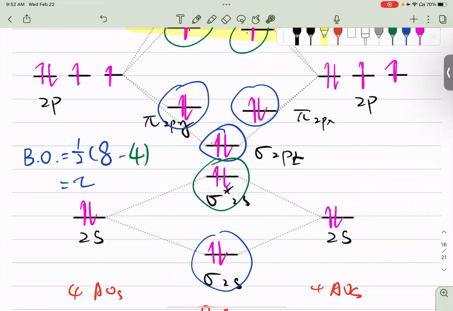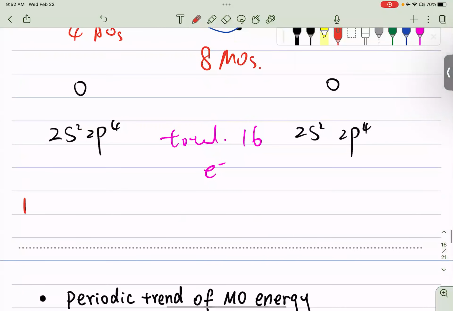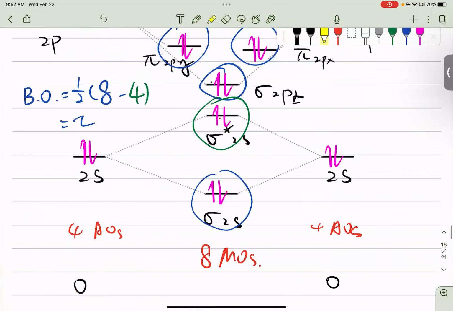The bond order is: bond order equals 1/2 times the number of bonding electrons, or electrons in the bonding MO, minus the number of anti-bonding electrons, or electrons in the anti-bonding MO. So the equation itself is quite straightforward. What we're doing is just reading the correlation diagram and finding where the electrons are.